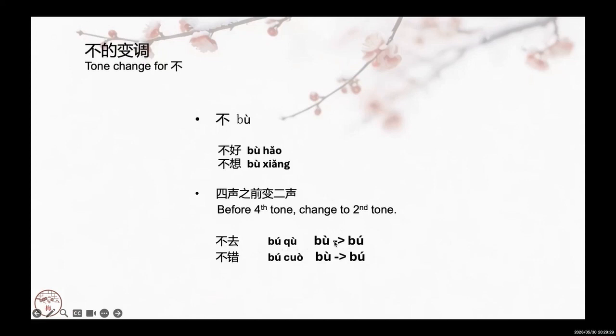Actually, for beginner learners, I do find that some of my foreign student friends may not know about this rule. So when they pronounce this phrase, 不去, quite often they pronounce it with the fourth tone. They would think they are following the standard way of saying the character 不, right?